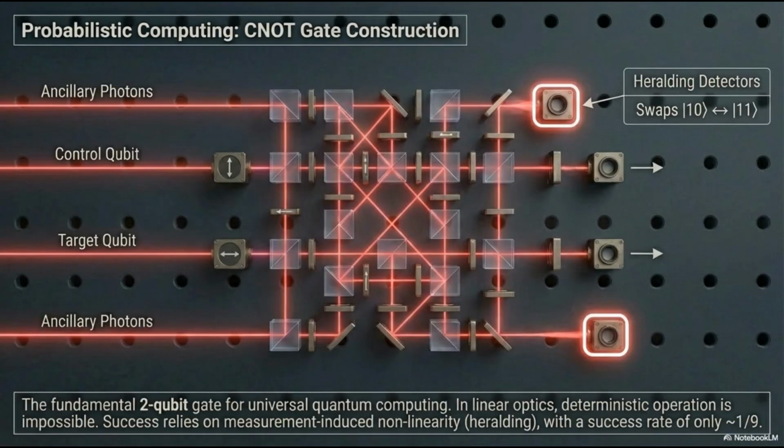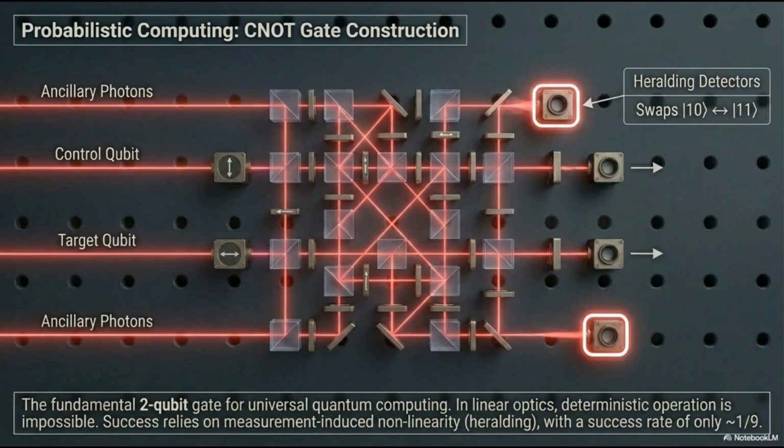This slide presents the optical construction of the C0 gate, the fundamental 2-qubit entangling gate required for universal quantum computation. In solid-state systems or ion-trap quantum computers, a deterministic C0 gate can be implemented directly, but photons in linear optical systems do not naturally interact with one another, making a direct deterministic 2-qubit gate impossible without additional quantum resources.